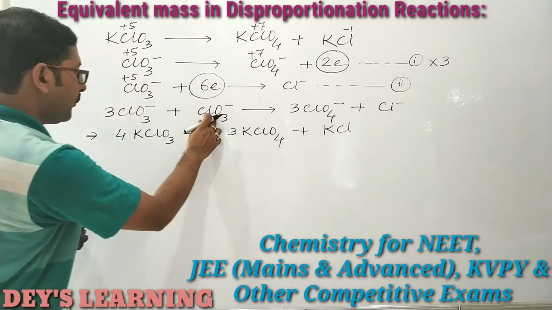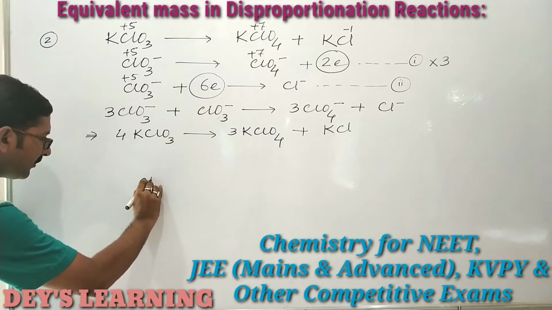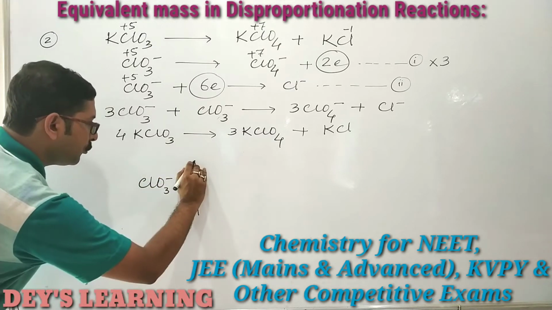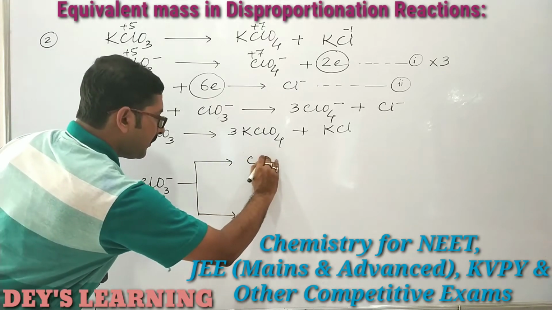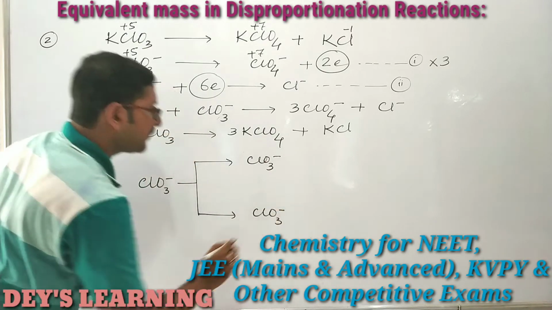Now we have to calculate the equivalent weight of KClO3. We can write ClO3 minus, two types of ClO3 minus are involved here. ClO3 minus here and ClO3 minus here.